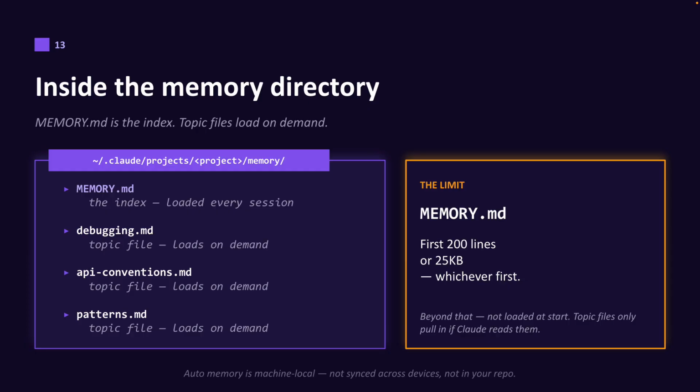They are loaded on demand, when Claude actually reads them. Here is the key rule. Memory.md is capped at 200 lines or 25 KB, whichever comes first. Anything beyond that doesn't load at session start. So Claude keeps memory.md deliberately concise. It works as a table of contents pointing at the deeper notes elsewhere.